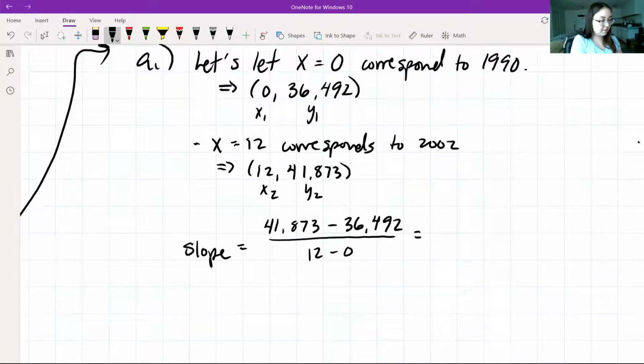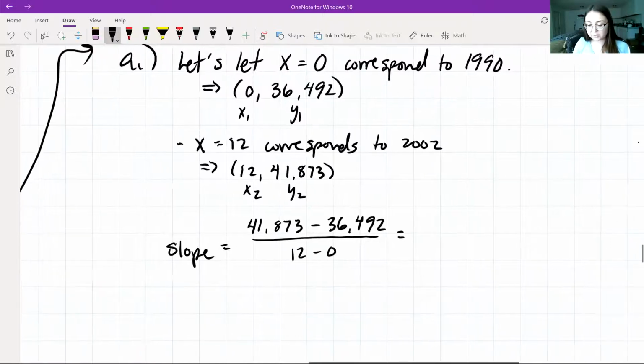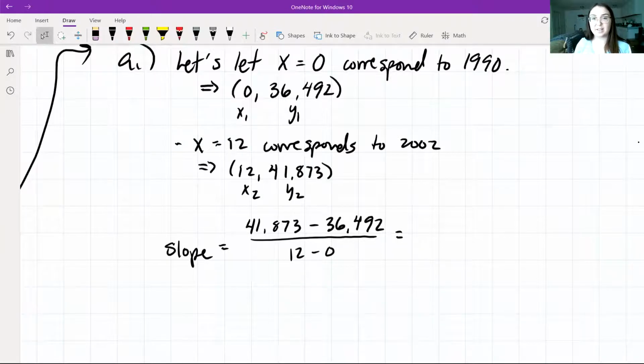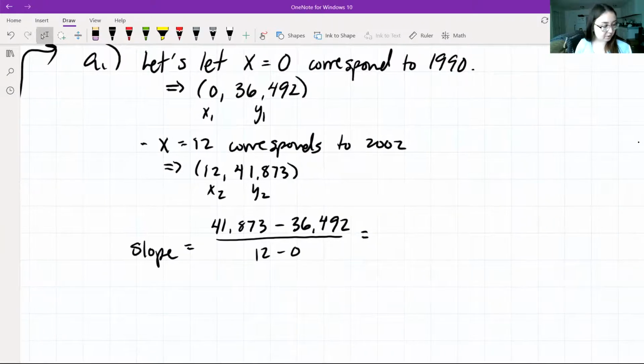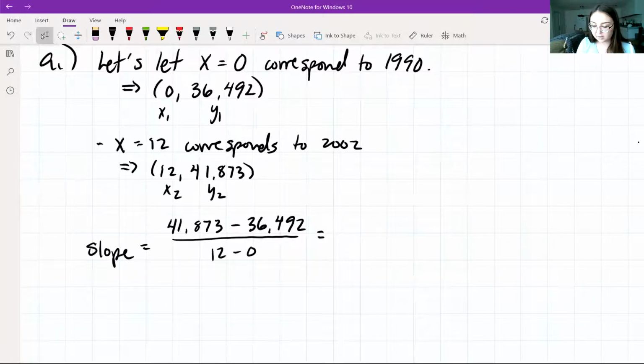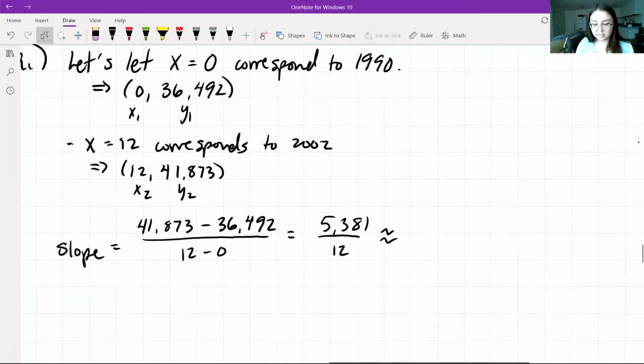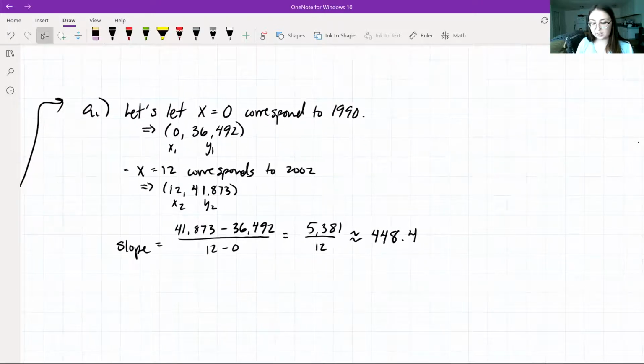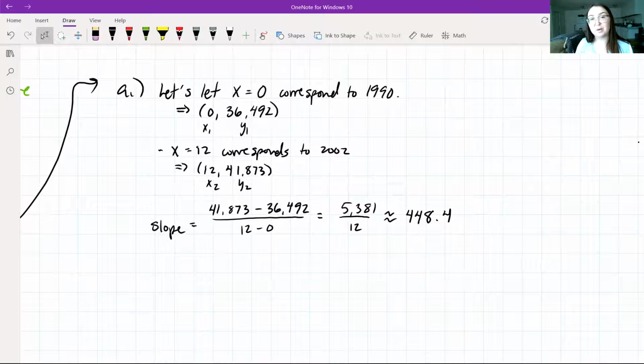All right, so all we need to do is calculate our slope. We'll find that our numerator is going to simplify to 5,381 divided by 12. And if you calculate that number, it's going to be about 448.4. So this means that our slope is 448.4.